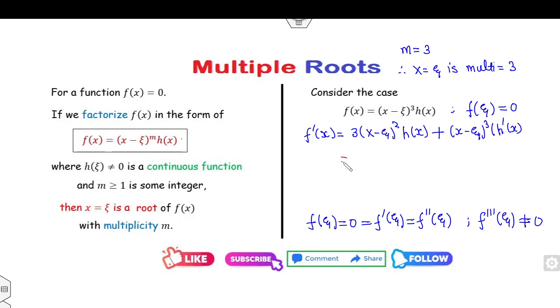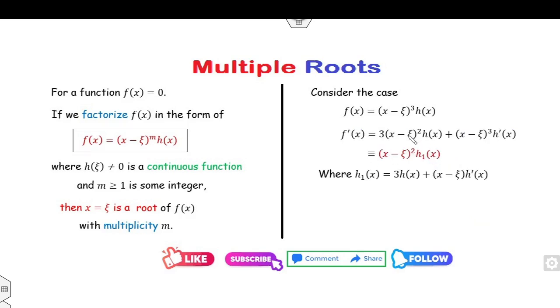So I can take (x minus xi) square common, and whatever the remaining part I call h1(x). Now you can see the power is 2. When will it be the root? If you prove that h1(xi), this value is 0. The value of h(xi) is non-zero, so h1(xi) is non-zero.